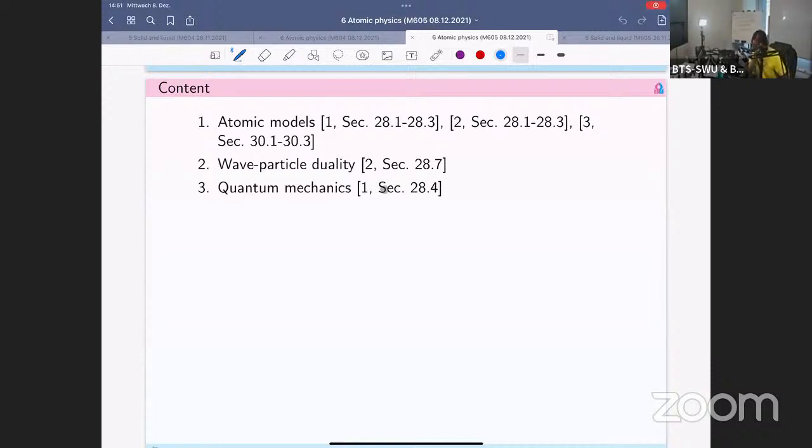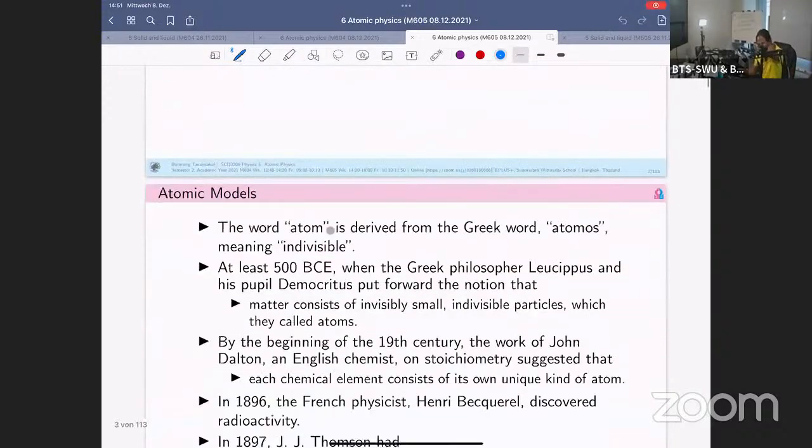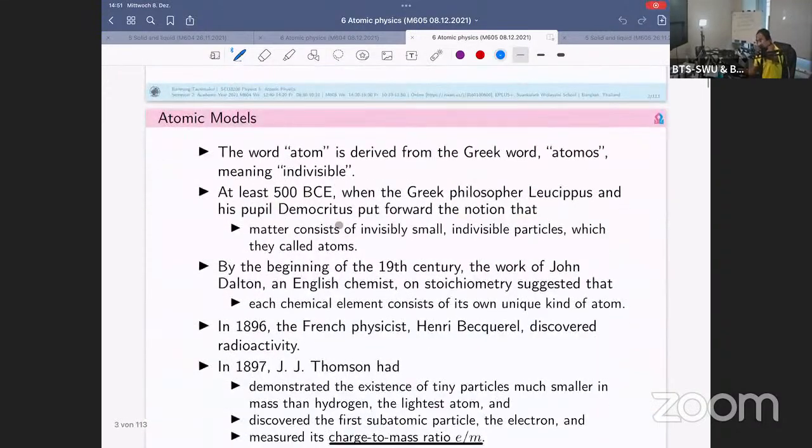We will talk about the state, or how the electrons are located into electron orbits, only. So quantum state will be the main target of this title. Okay, now let's start the atomic models, right?